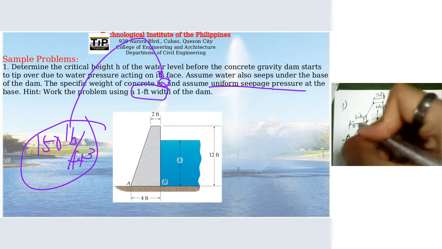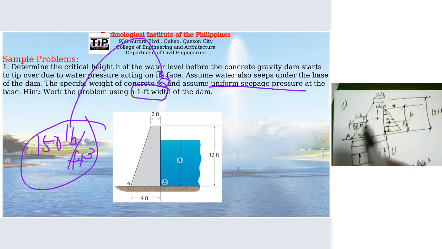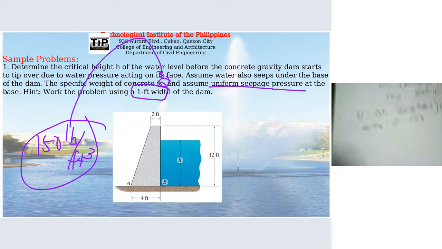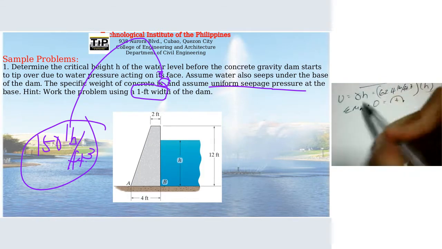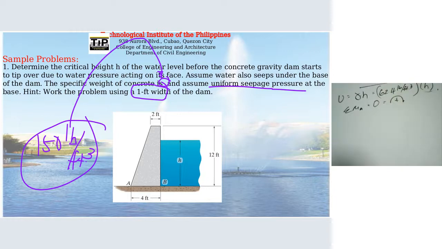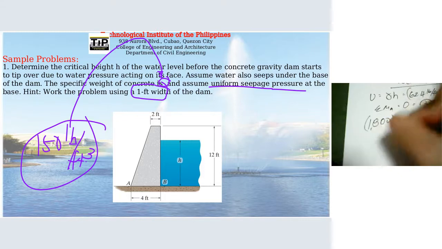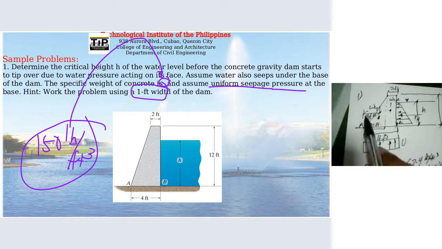It is 2/3 of the base from point A. Okay, that's the moment arm of this W sub C sub T. So putting it in the equation, summation of moment, times the moment arm 2/3 times the base, which is 2. So this will become 4/3.